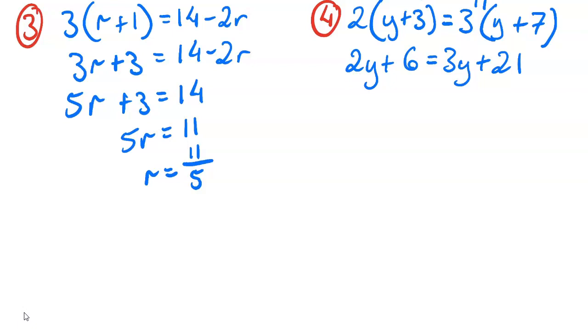So that makes life a little bit easier when you calculate things. So 3y take away 2y is equal to 1y, which I just write as y. Okay, so now I subtract 21 from both sides. So 6 take away 21 is negative 15 equal to y.